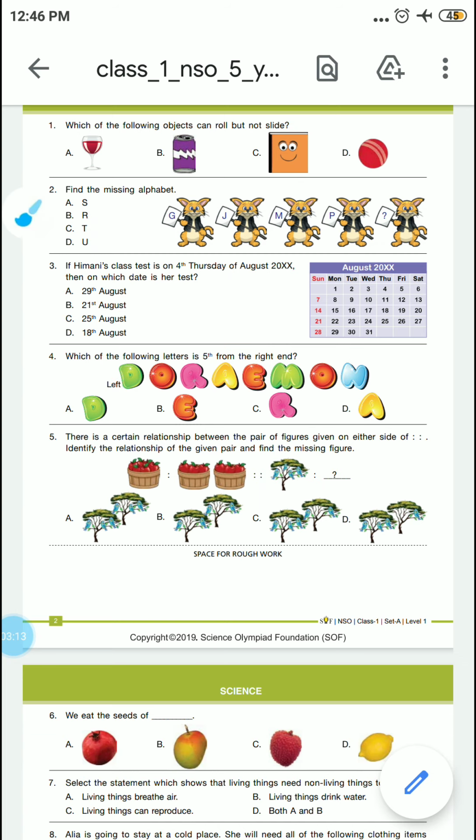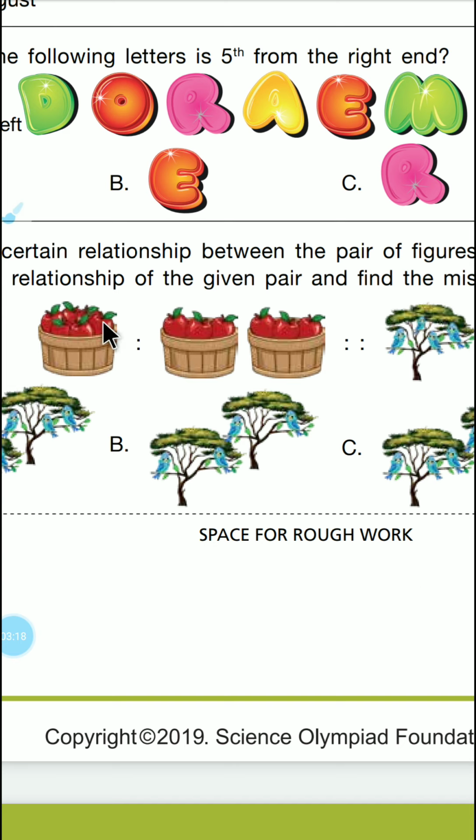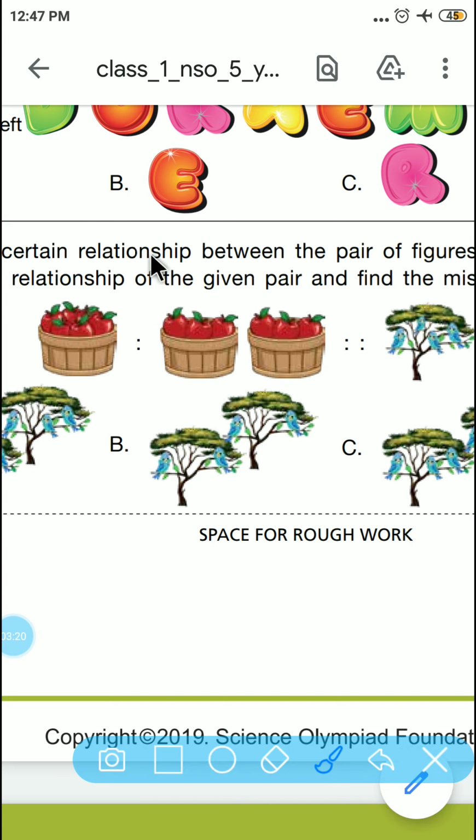Let's zoom in first to observe it clearly. What you can see here is 1, 2, 3, 4, 5, 6 and 7. Maybe 6. Yeah, 6. There is a total of 6 fruits and apples, and then they are equated in such a format.